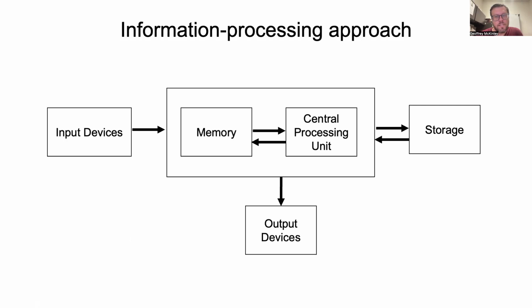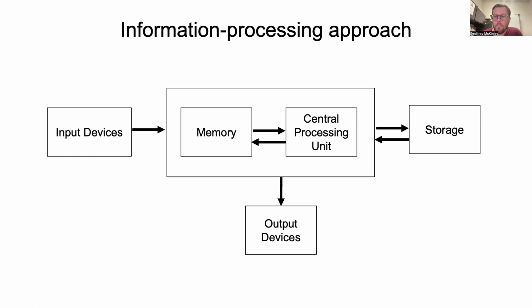You input information using these devices, and that information flows to memory, and the central processing unit can also go into storage and recruit information from storage. But then the information will eventually go back into the central processing unit or the memory, and then present that information through some sort of output device, such as a monitor.